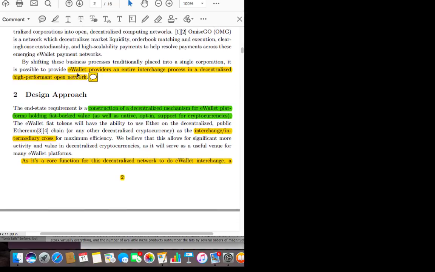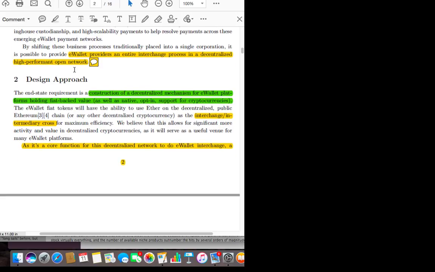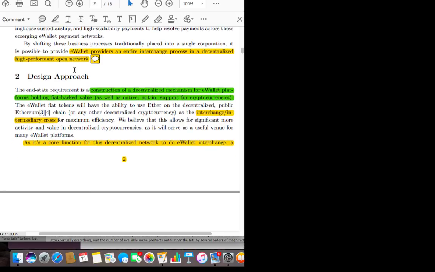Now, it goes on to say here they're shifting this from the single corporations to more of a decentralized, high-performance open network. So there's going to be several e-wallet providers, not just one. And Omisego is providing that interchange process, or maybe code and logic, okay, to link all these together.